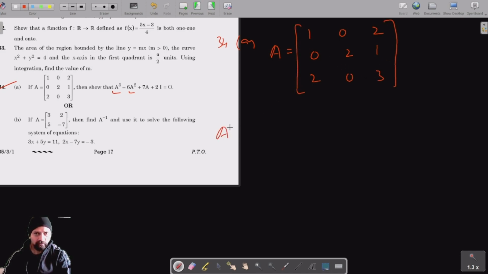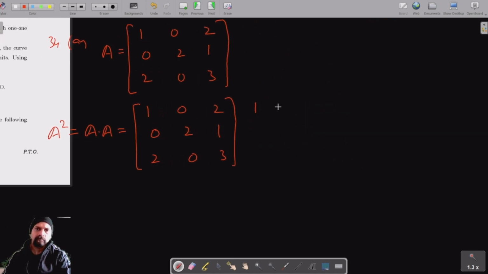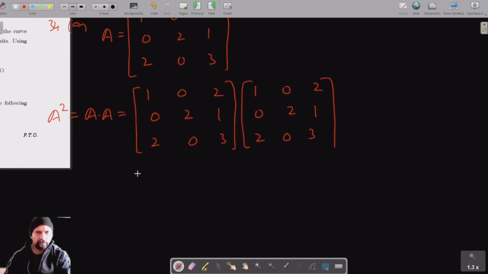And let's calculate A square. So A square is A into A, which is 1, 0, 2, 0, 2, 1, 2, 0, 3 multiplied by itself. Okay, let's multiply this. First row, first column: 1 into 1 is 1, plus 0 into 0 is 0, 2 into 2 is 4. Along with the second column: 1 into 0 is 0, 0 into 2 is 0, plus 2 into 0 is 0.